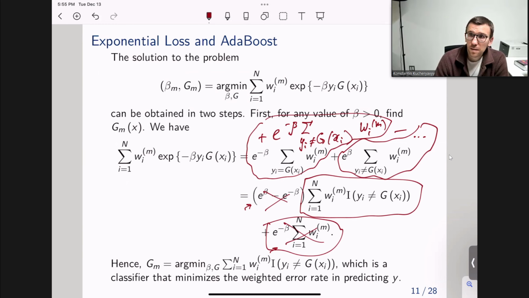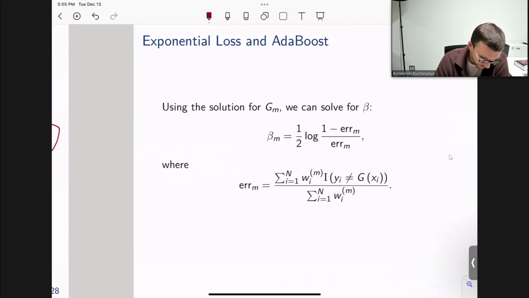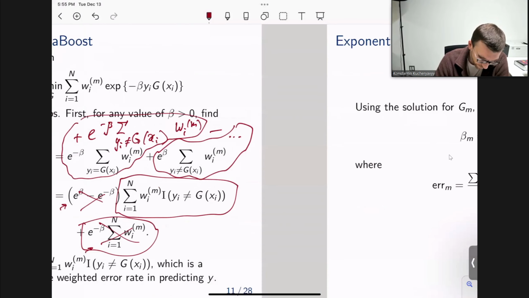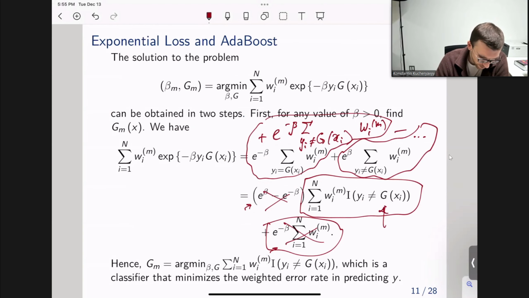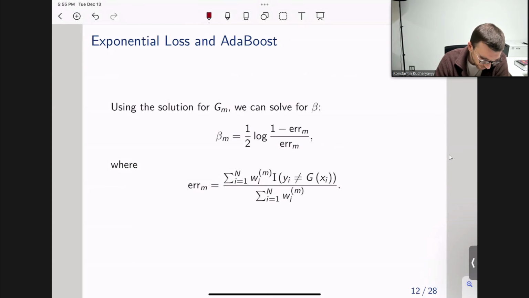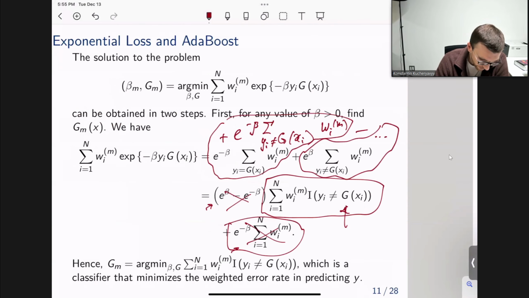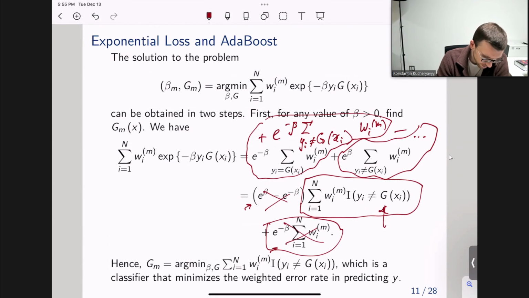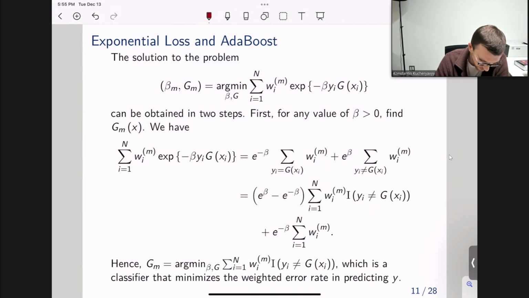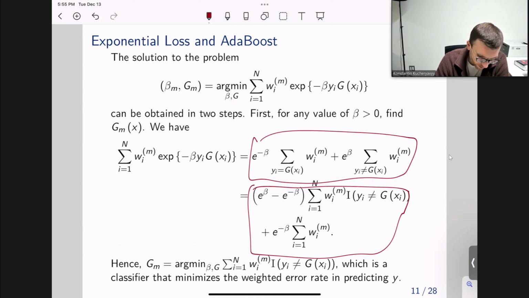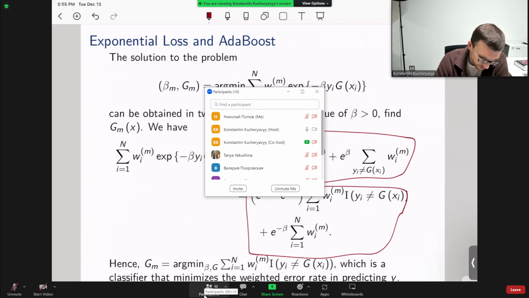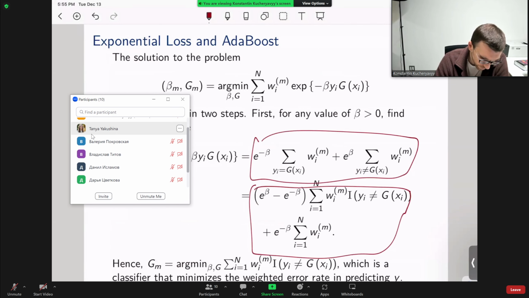And then using the solution for G, the classifier, we can calculate the error. And you can see that the value of beta that minimizes this is simply equal to this.